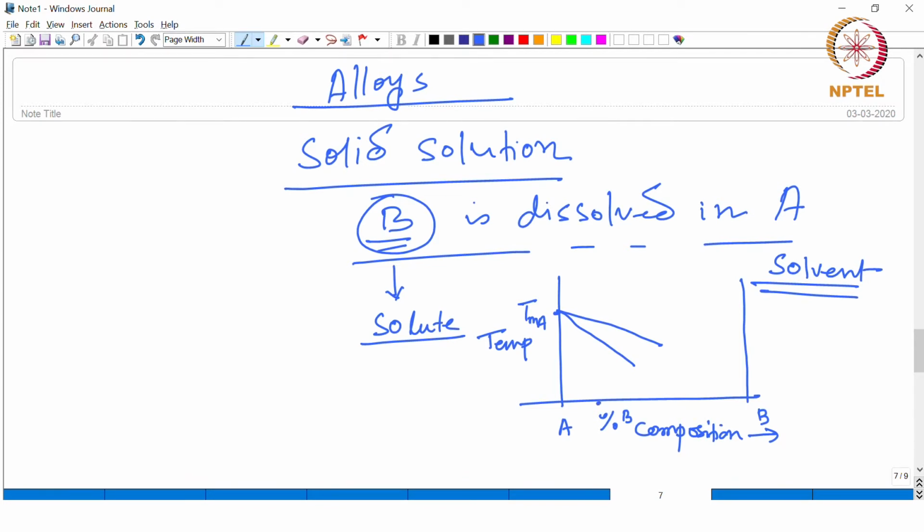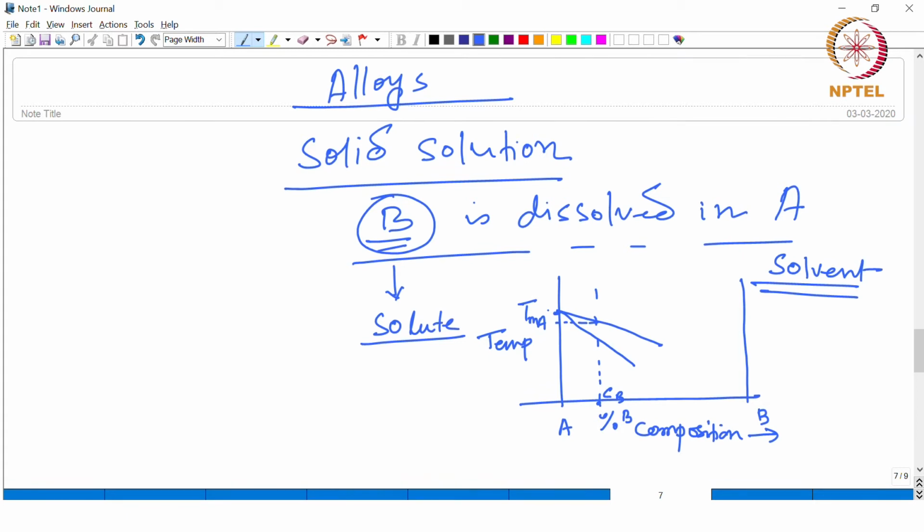Let us say this is the composition of the alloy. Let us say we call that as C B, a particular amount of B in A. That may be different. The melting point of that may be different from the pure metal, as you can see from here. That is one difference that you can immediately note.